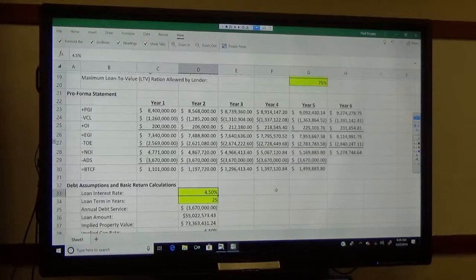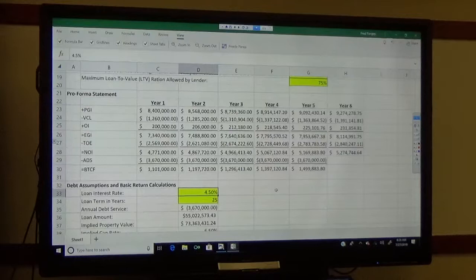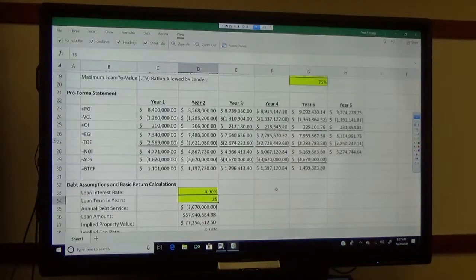Okay? But let's change the interest rate. Now let's see what happens. Let's say that we get a much better deal on the interest rate, we go to 4%. Boom. Okay? That increases our borrowing capacity by roughly an extra couple of $1 million. Okay? Is everybody cool with that? Does that make sense?